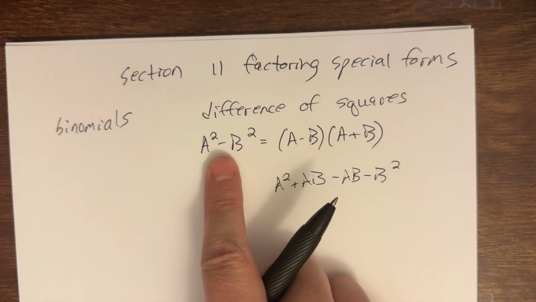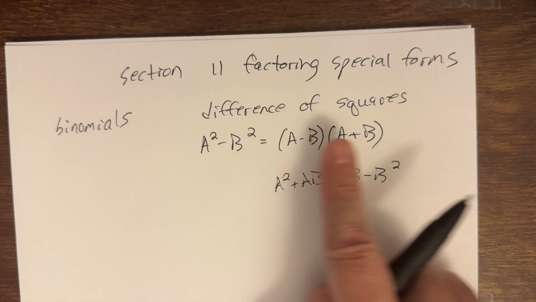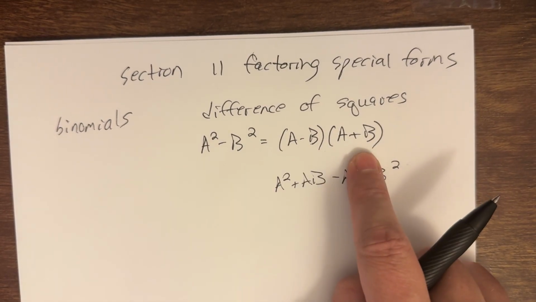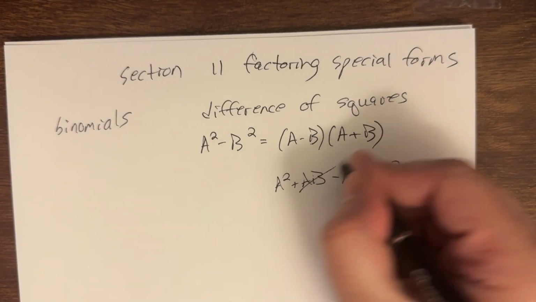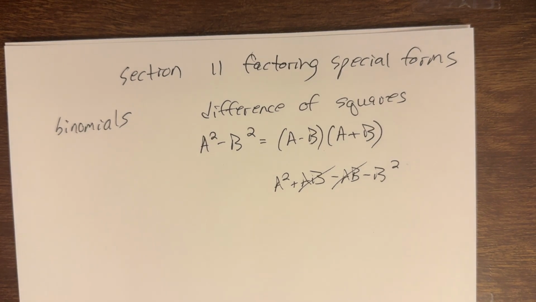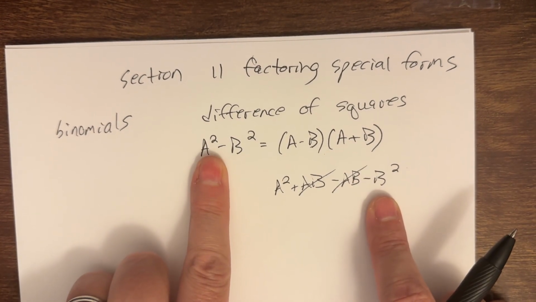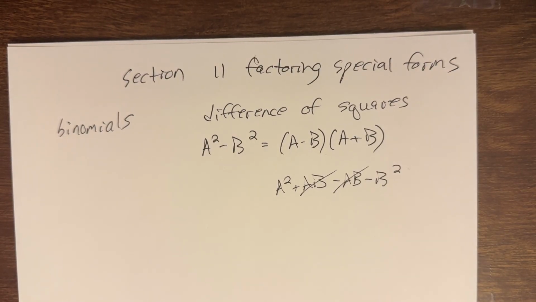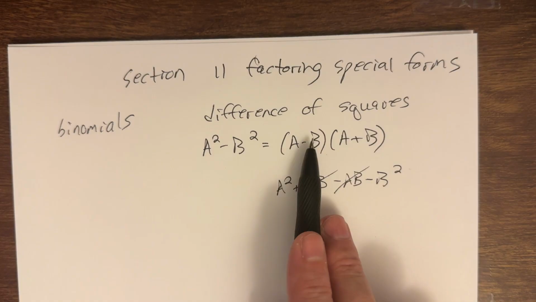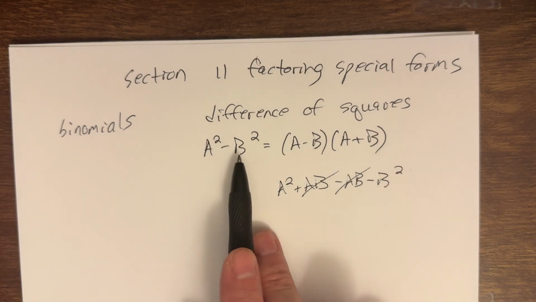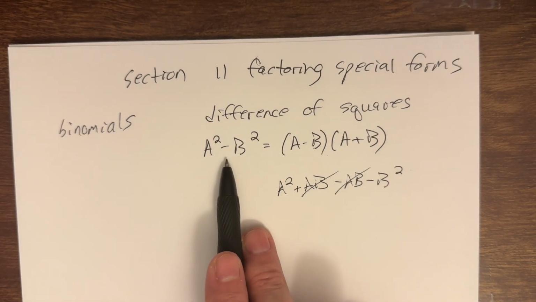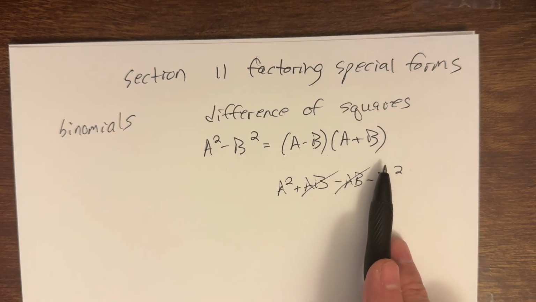If you have this special circumstance, the reason this factoring works is because that middle term, if you try to multiply it out, would always cancel, so you're just left with a squared minus b squared. So that's why it works. That's why it's not just a trinomial that goes to two binomials. If it's this very, very specific binomial, it'll work like this.